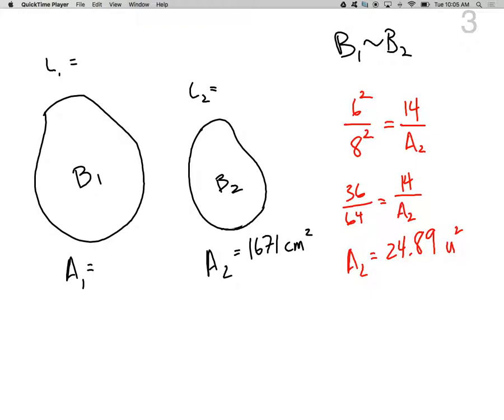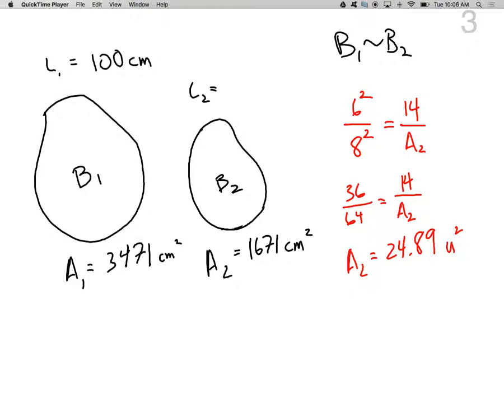Simon, how big is L1? 0.5. And what's the area of this guy? 3,471 centimeters squared.